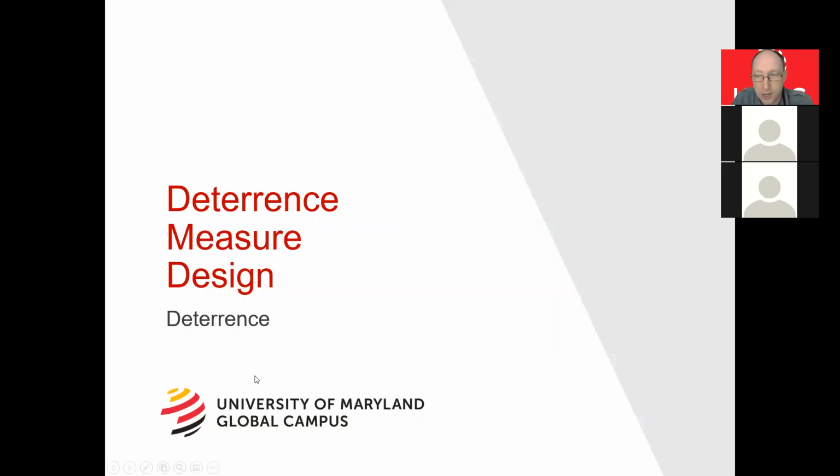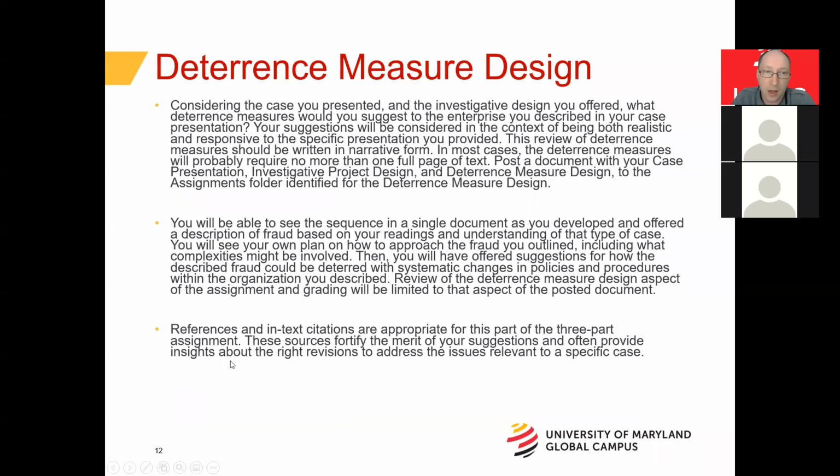Deterrence is equally as important as the fraud itself. How do we prevent the fraud from happening again? It goes back to the good old saying: how do we learn from our mistakes?